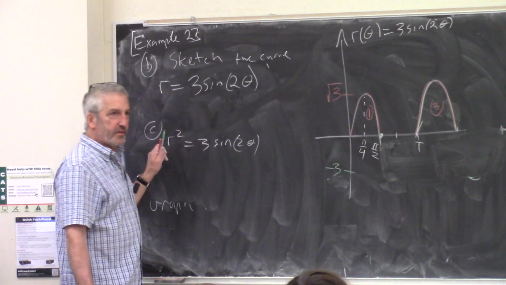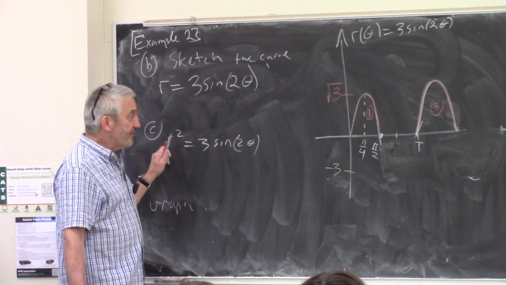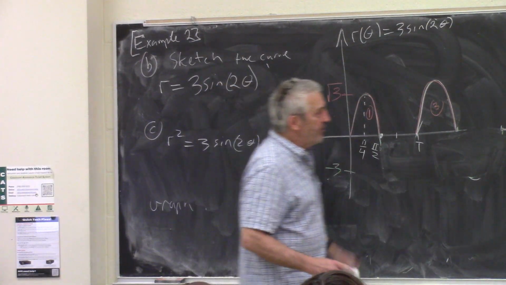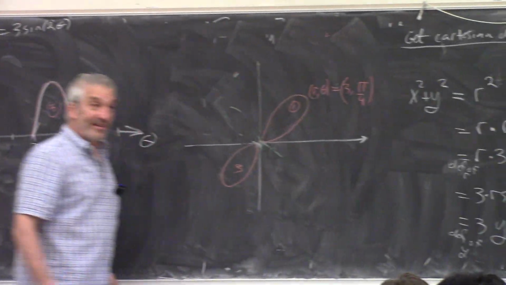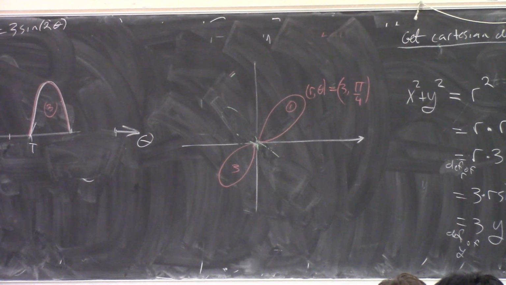There's no r squared that's going to equal that. You can't have a positive thing equal a negative thing. So what's that going to do to our flower? It's going to pluck off. Isn't that amazing? That's really cool. You get a 2-petal flower because you lost the negative petals.